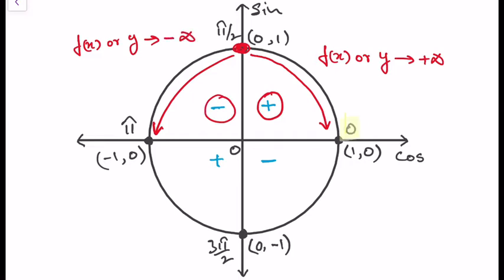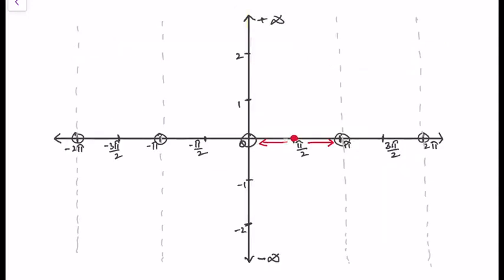So when x is moving towards 0, then it is moving up towards plus infinity, and when x is moving towards pi, then it is going down towards minus infinity.